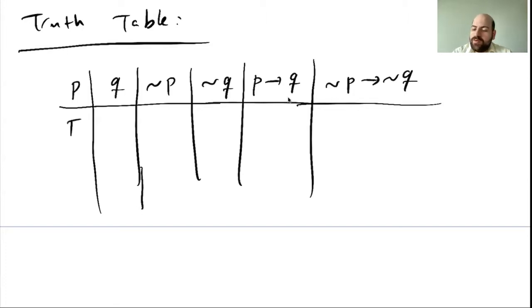So both of them could be true, or true and false, or false and true, or false and false. So these are the possibilities.